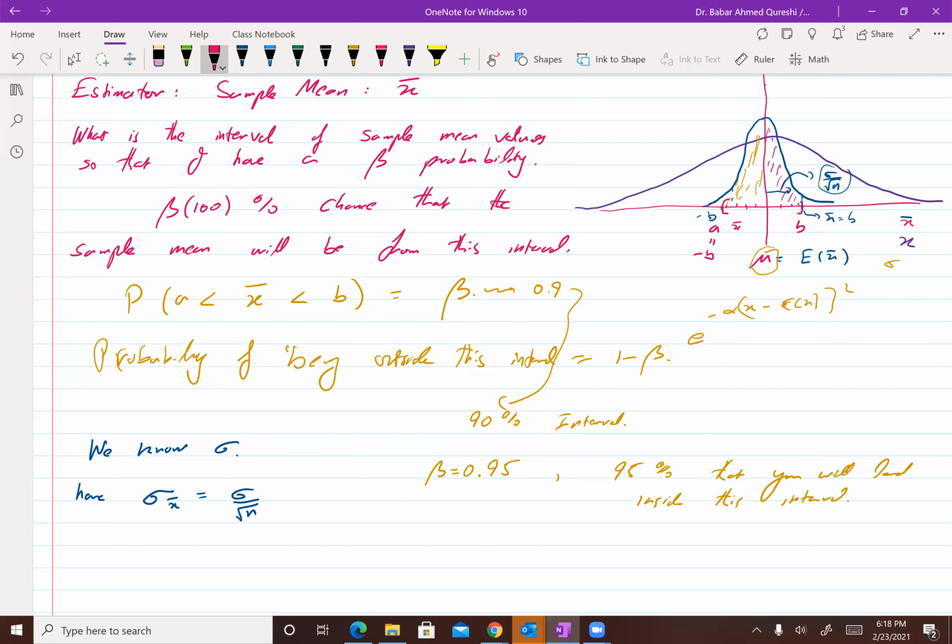The situation would be that for a particular value you get for your estimate, suppose you land here.